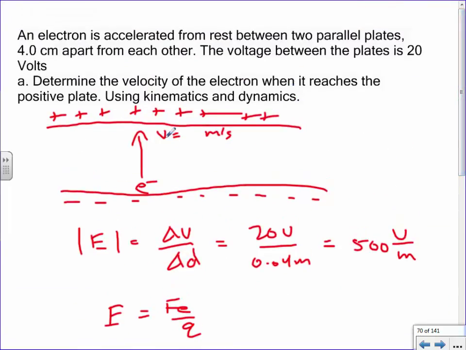But really what I'm looking for is its velocity final. What is its velocity initial? Accelerated from rest. I have the acceleration. I also know how far it's traveling because it's traveling 4 centimeters. See how the last step here is going to be to use a kinematics equation?